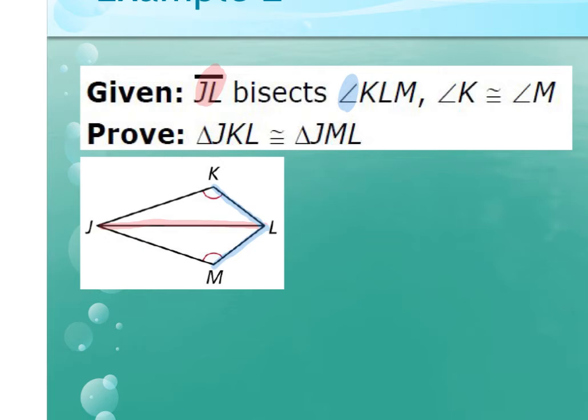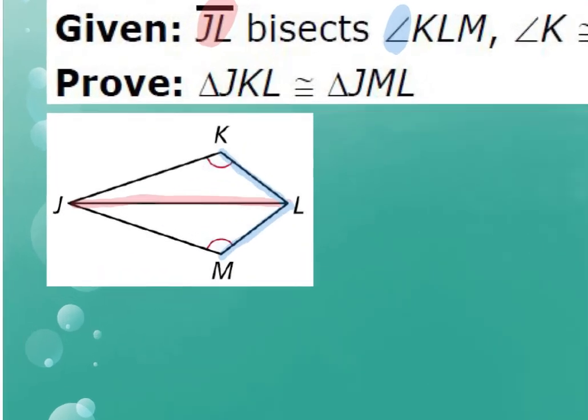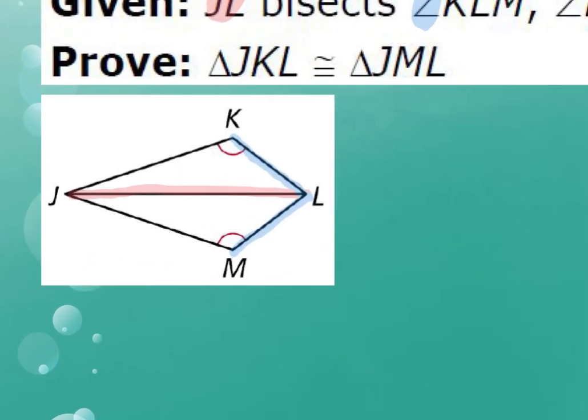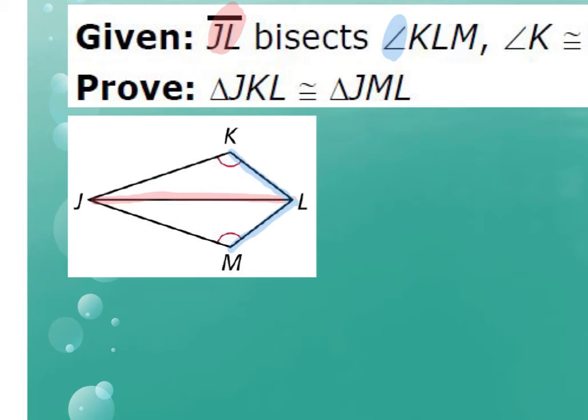Now, let's go ahead in our diagram. What does that tell us? What can we start filling in our diagram? If JL bisects KLM, what can we put in our diagram to represent that, to help us figure out this answer?